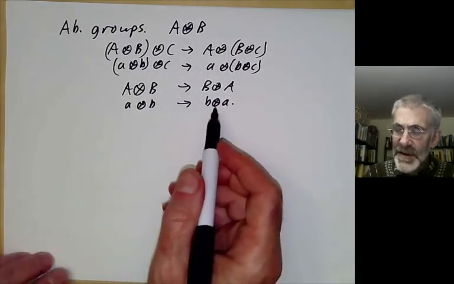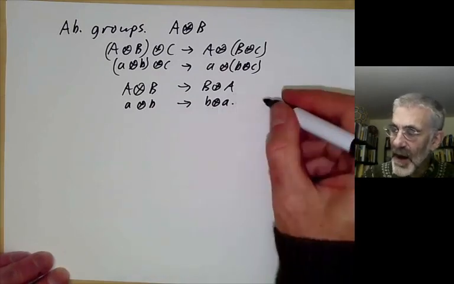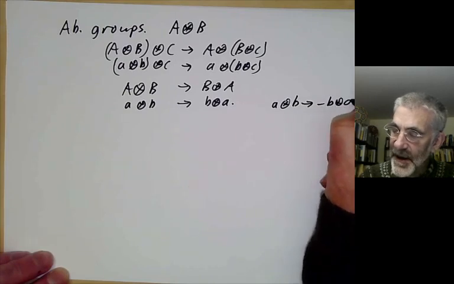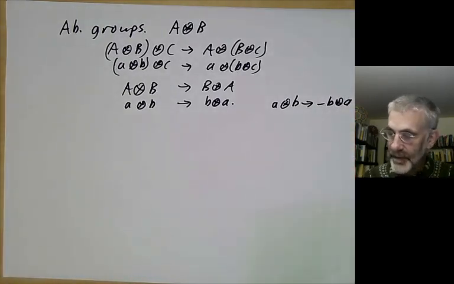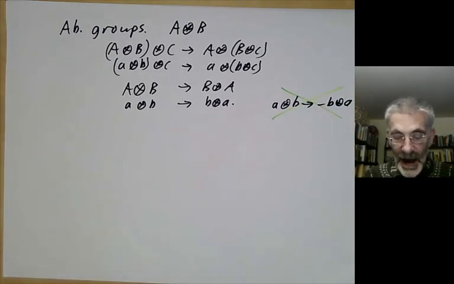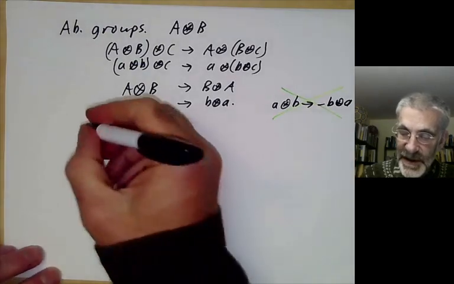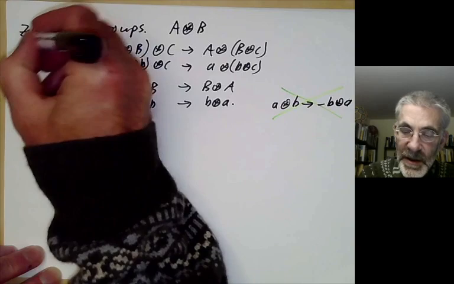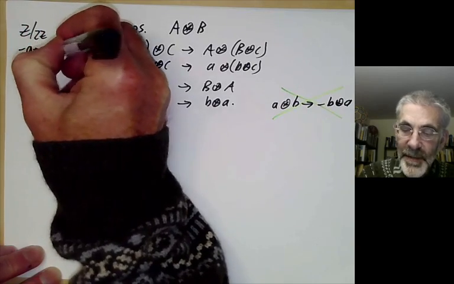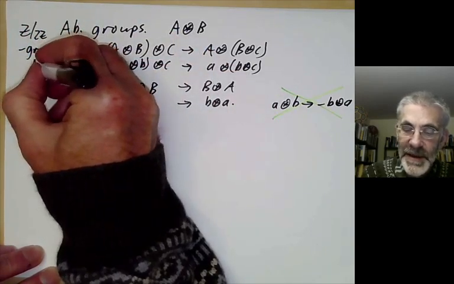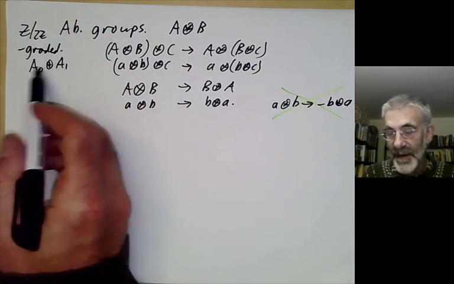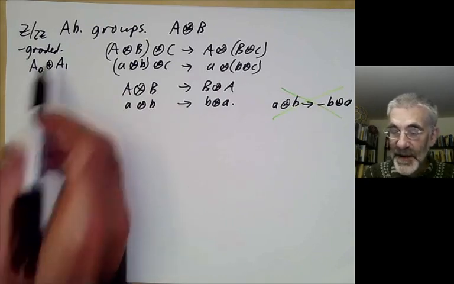Well, it turns out there's an interesting variation you can do. As we've said, if you map A tensor B to minus B tensor A, this doesn't work. So let's cross it out. However, it almost works. There's a slight change you can make. Let's look at Z modulo 2Z graded abelian groups. So our abelian groups are going to be written as A0 plus A1, the sum of an even piece and an odd piece.